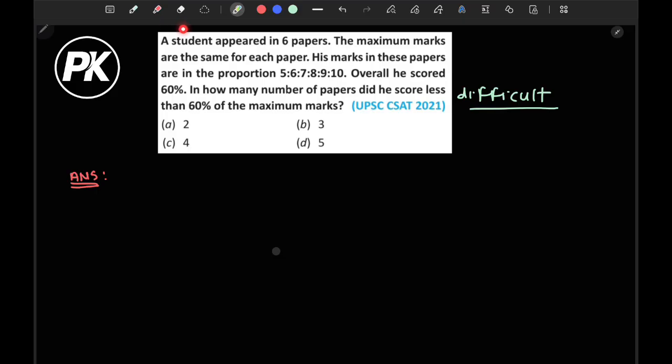Okay, let's try to frame the example. A student appeared in 6 papers, so total papers are how much? 6. The maximum marks are the same for each paper.